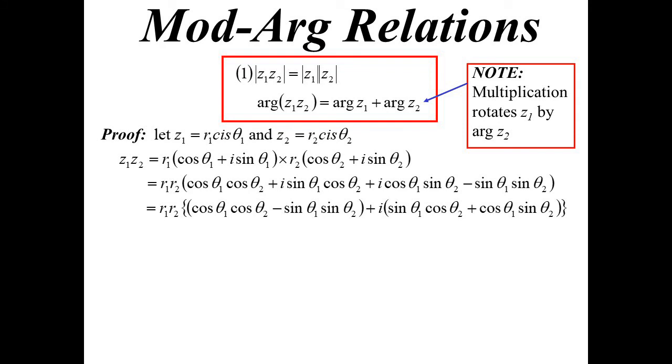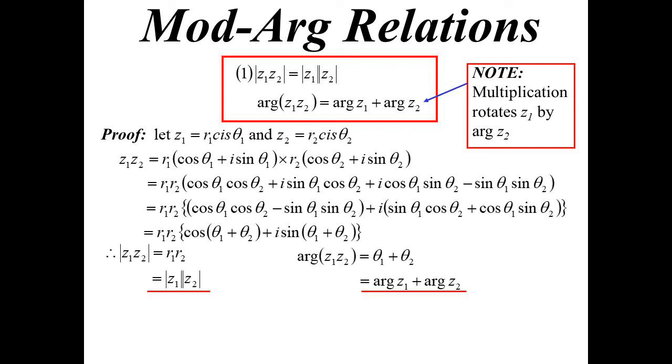And look at the imaginary part: sin cos plus cos sin. Well, we recognise those. So we have the cos of theta 1 plus theta 2 plus i sin of theta 1 plus theta 2. There's why we add the angles rather than multiply the angles together. Yes indeed, we can prove that for Z1 Z2 the arguments add.